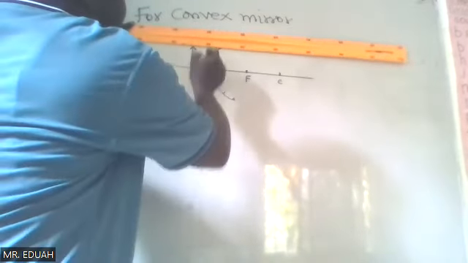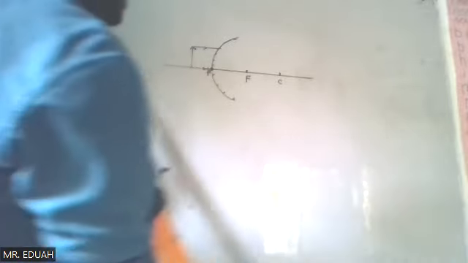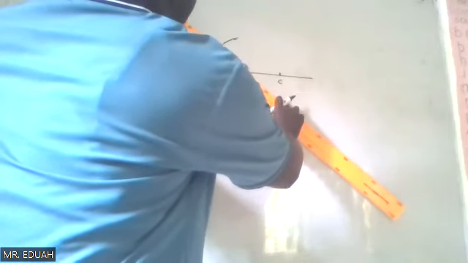So the ray incident on the mirror will be diverted, but the diverted ray always appears to be diverted from a point behind the mirror, and that point is the principal focus.